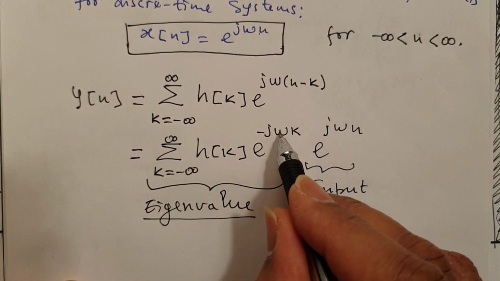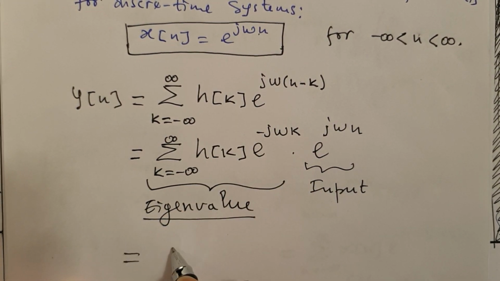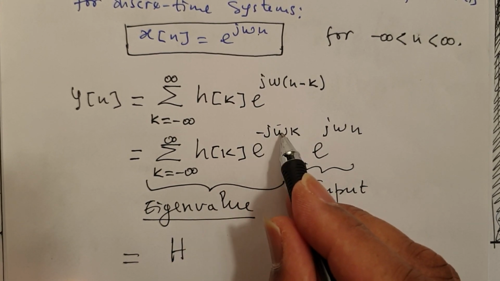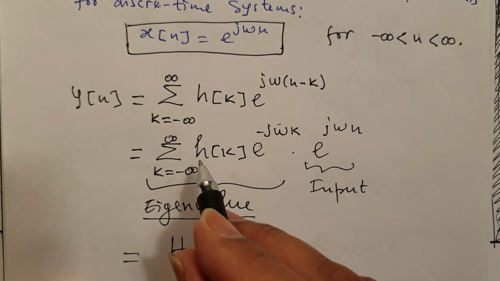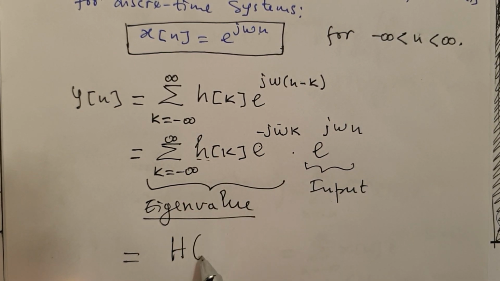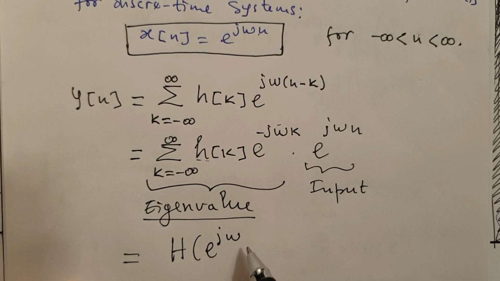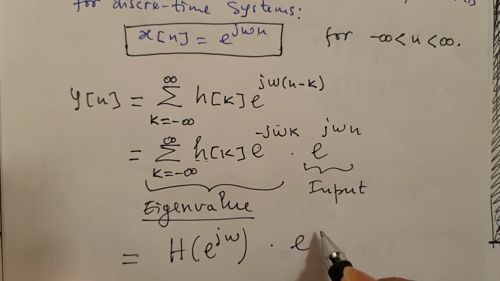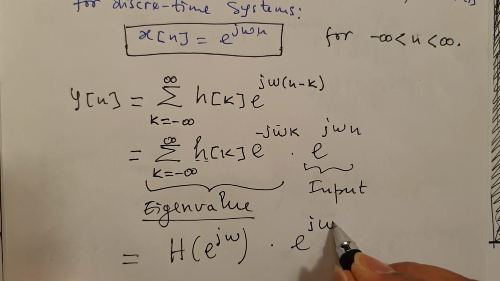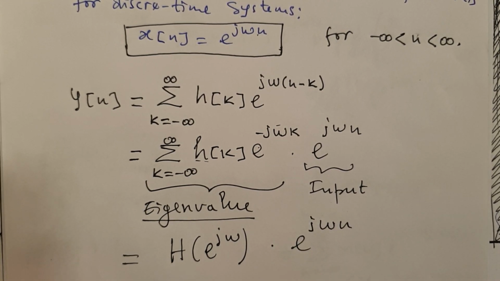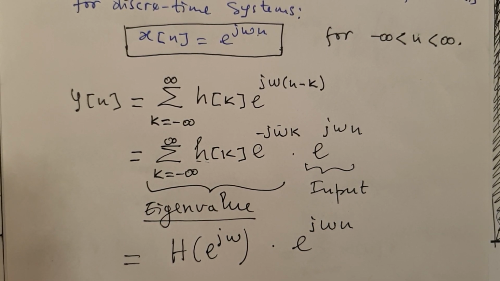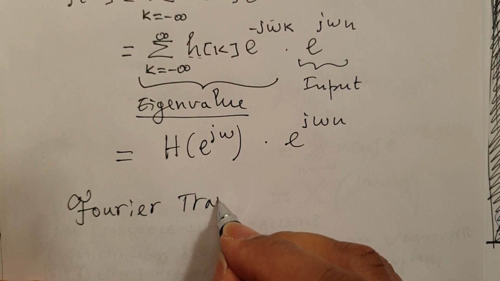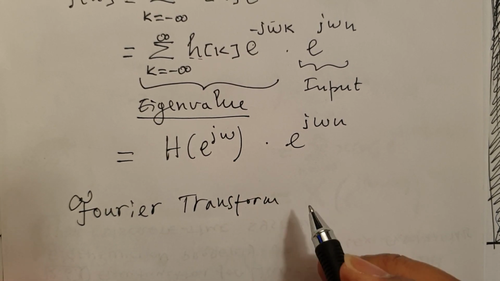If we look at this, sometimes it's written as a function of omega, e to the j omega. Now the impulse response is written as a function of e to the j omega, and I will represent it like this. This usually is called the Fourier transform.